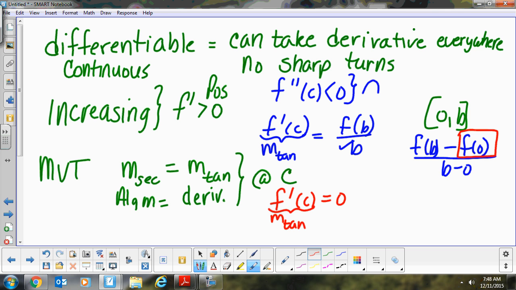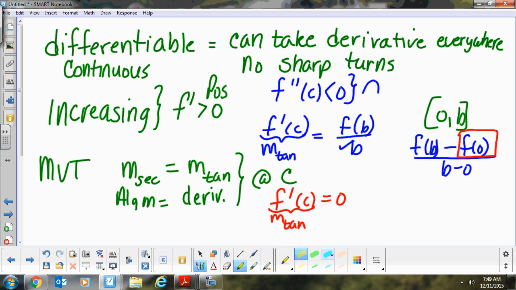Anywhere in that green, does that tell us that the derivative has to be 0? What in that green tells us it can't be? There is something there that says that's not possible.